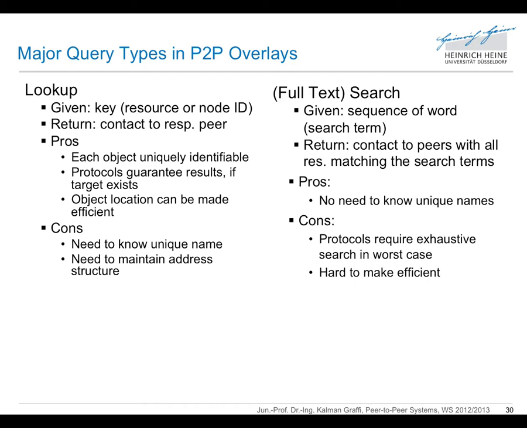So you get a list of peers with matching search terms. You don't need to know the names of the people you're looking for, but in the worst case, all nodes in the network have to be traversed and looked up, and that's hard to make efficient.